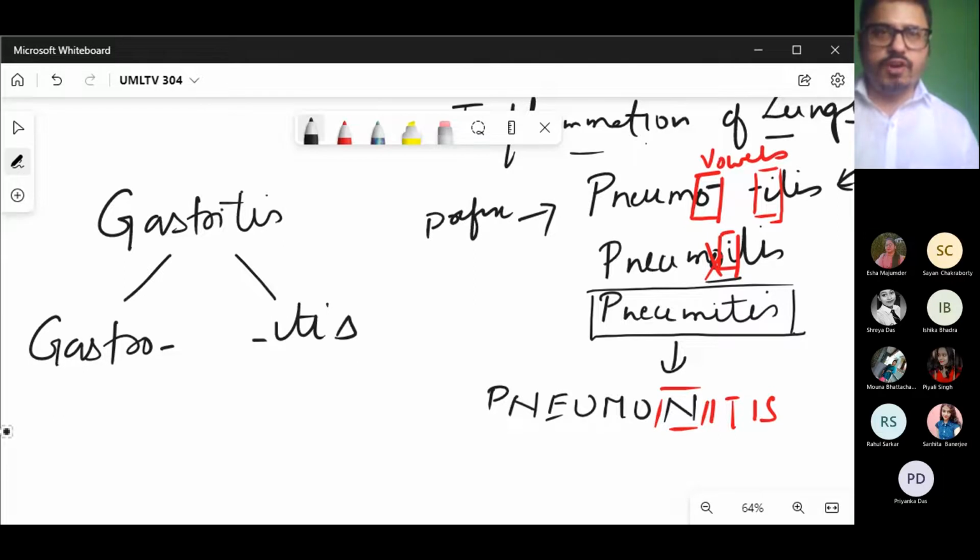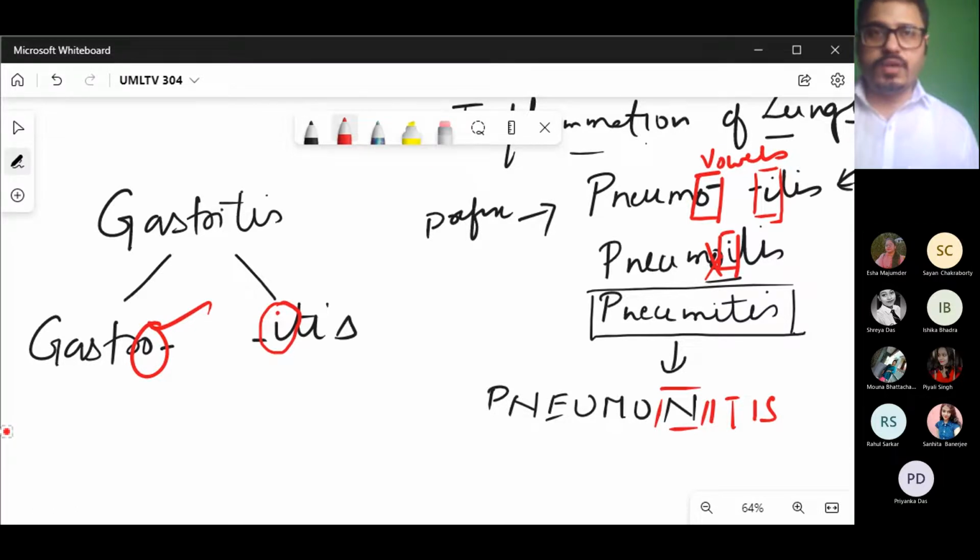So, in the formation of the term, this particular alphabet is removed. You do not find any O here. Do you find any O in the term gastritis? No. But in the prefix, when you're writing the prefix, there would be an O. But the rule says that during the formation of the term, it is the vowel of the suffix that takes the priority.